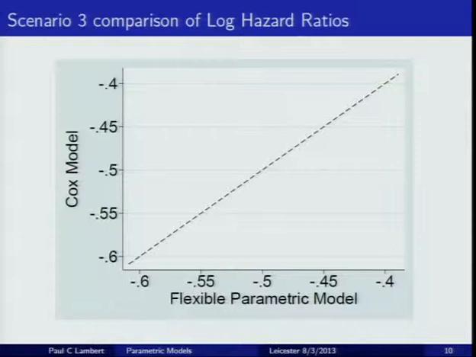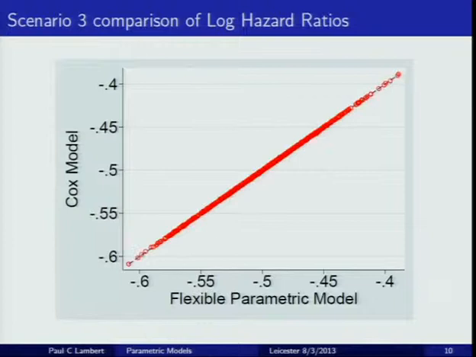So we can generate data sets from this mixture Weibull distribution. This is a scenario with the two turning points. We can fit a Cox model, and we can fit one of these flexible parametric models, and we can compare the hazard ratios, and basically we get essentially perfect, just about perfect enough for me, agreement between the two methods.